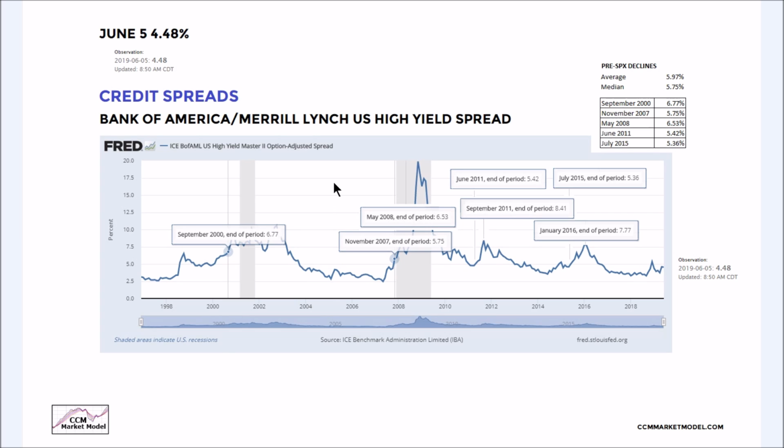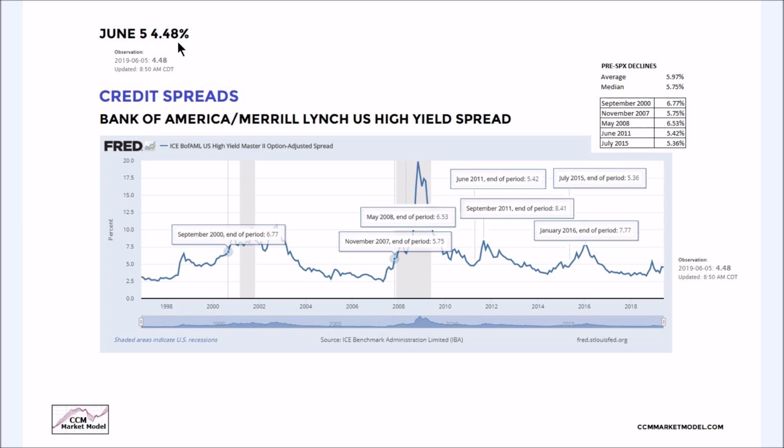Credit spreads, covered this numerous times, will move quickly. Here's a reading that we covered June 5th of this year, 4.48%, which is quite a bit better than these concerning levels before the market took another leg down historically. Where do we stand in the present day?